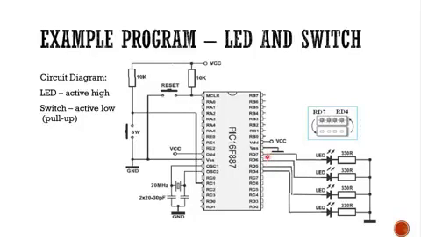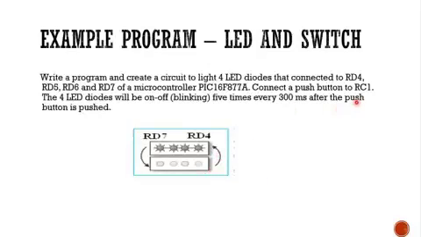This means that we are using the higher or MSB side of our port D. You can see here D7, D6, D5, and D4 we connect to the LEDs, but the lower bits RD3, RD2, RD1, RD0 are unused. For right now, just leave them disconnected.